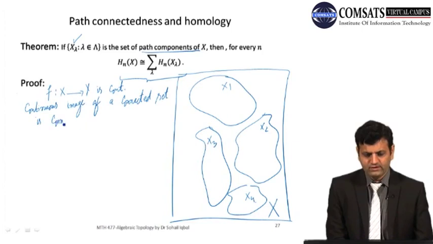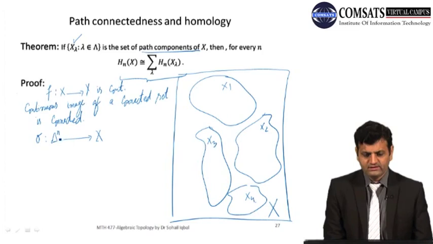That's the first and very important observation. Now the sigmas are continuous functions from the standard n-simplex to the topological space X, and these standard simplices are connected spaces.